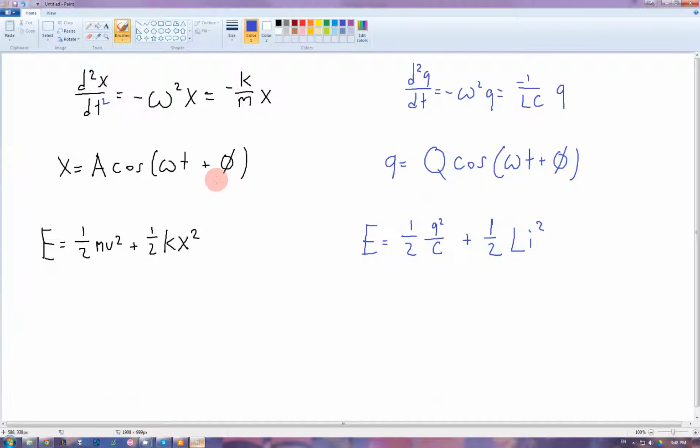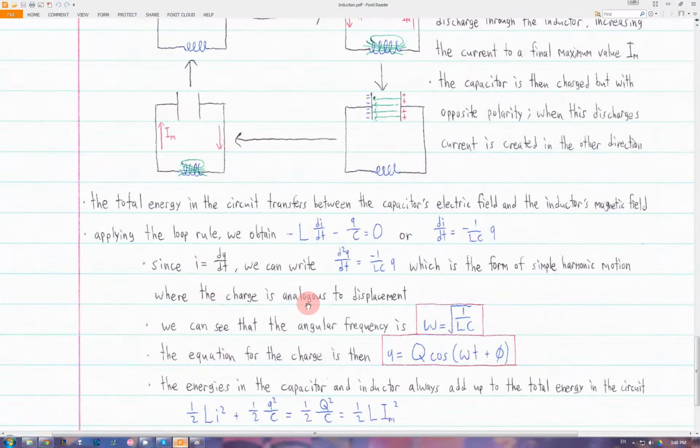And then if we want an equation for the charge as a function of time, well, we look at the equation for displacement in simple harmonic motion, which is x equal to the amplitude times cosine of omega t plus the phase angle. And so an analogous equation, since Q, the charge on the capacitor, is similar to the displacement, we can write Q is equal to Q max, which is the Q on the capacitor when it's fully charged, analogous to the amplitude, times cosine of omega t plus the phase angle.